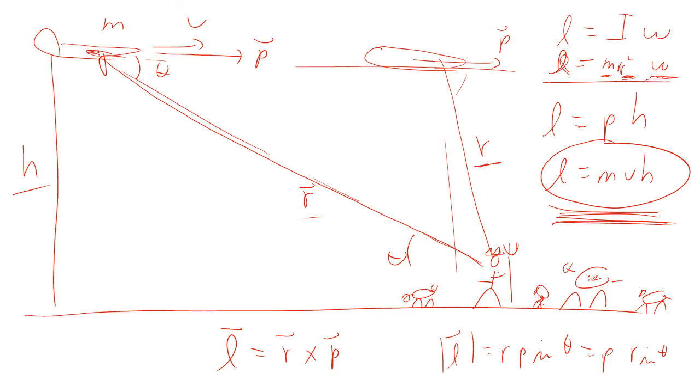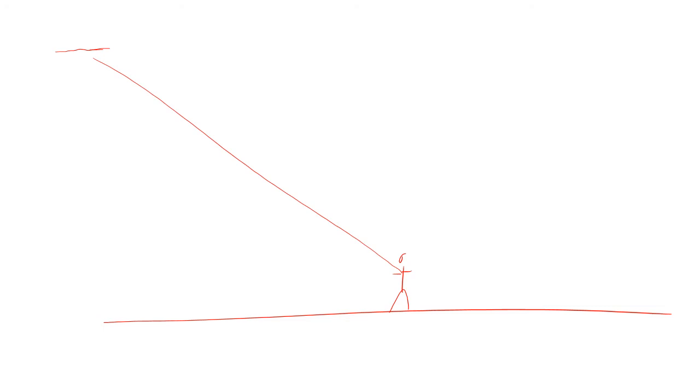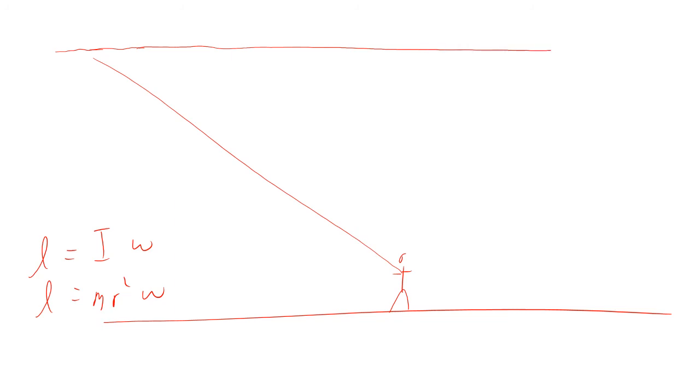So if you're standing out here looking at an airplane, because r is big, then omega is small. Remember, angular momentum is I omega, so that's mr squared omega. So if r is big, omega is small, but as the airplane gets closer to being overhead, it looks like it goes faster, and then it looks like it's slowing down again over here.